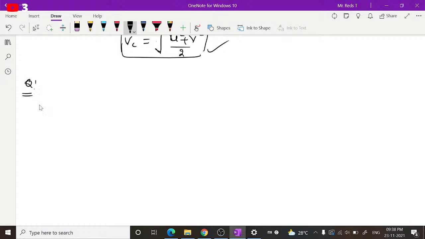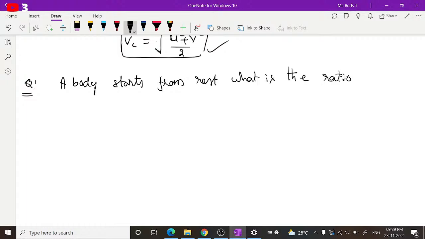Next question. The body starts from rest. What is the ratio of distance traveled by the body during the fourth and third seconds?